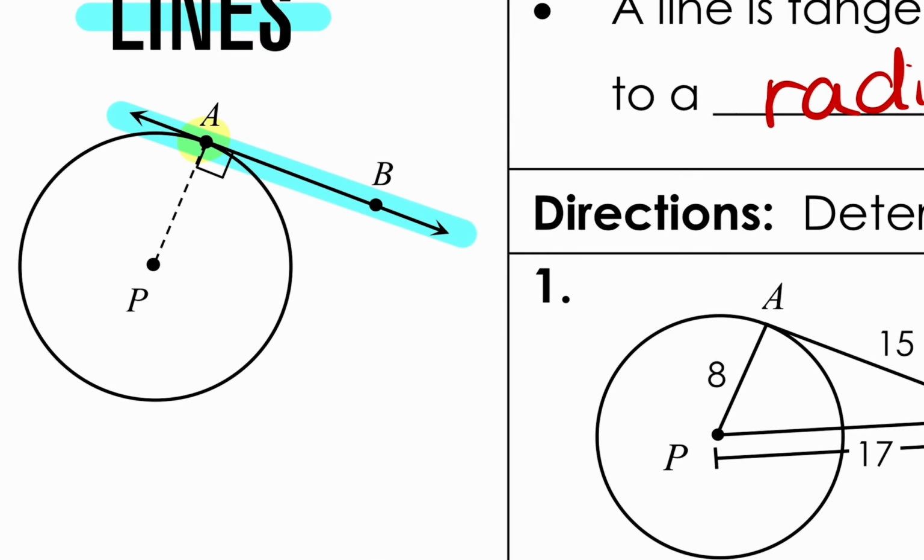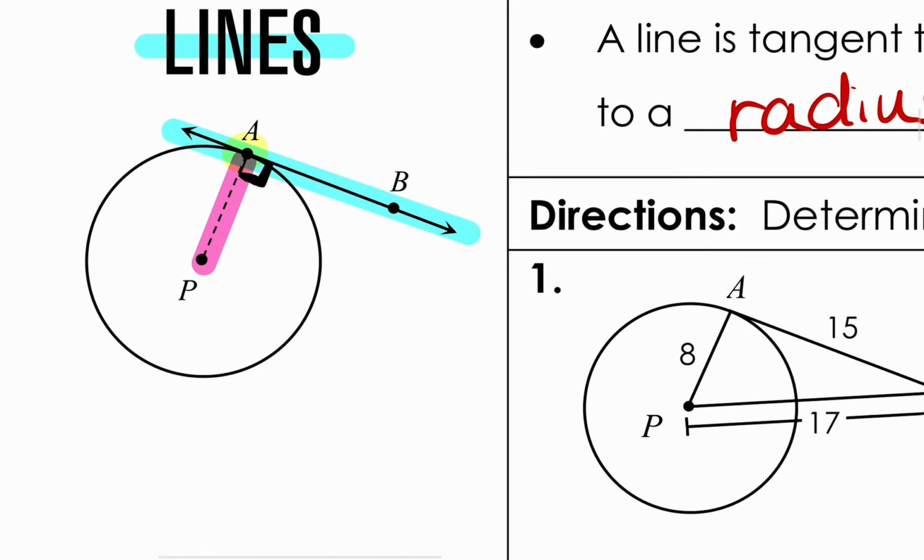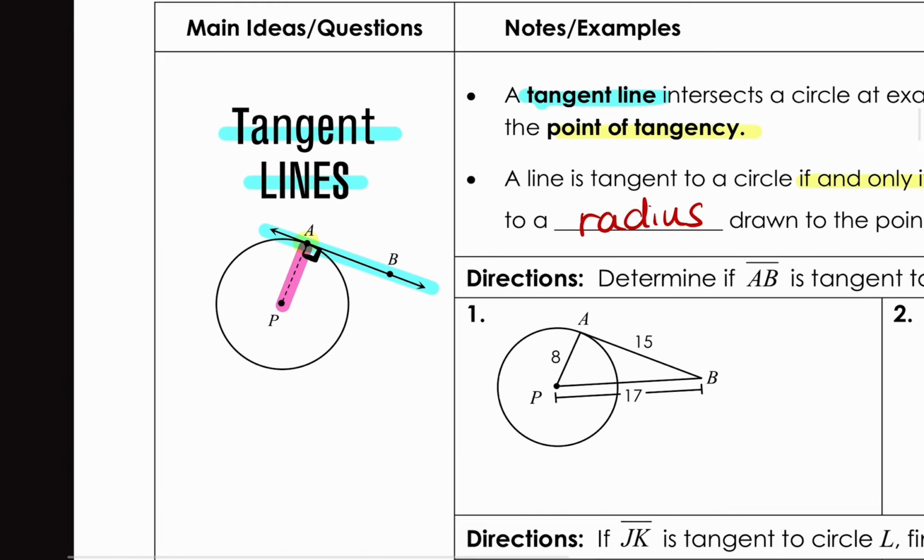Here, the radius of the circle would be PA or AP, and that radius along with that blue line create a 90-degree angle. That shows they are perpendicular to each other, and so AB is tangent to the circle.